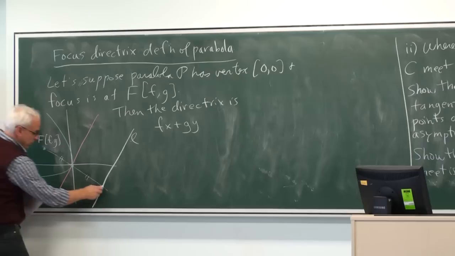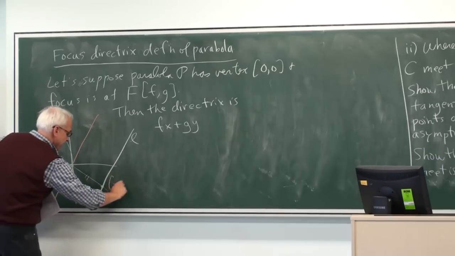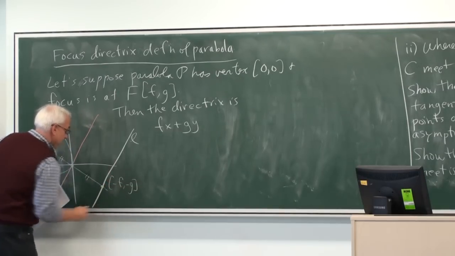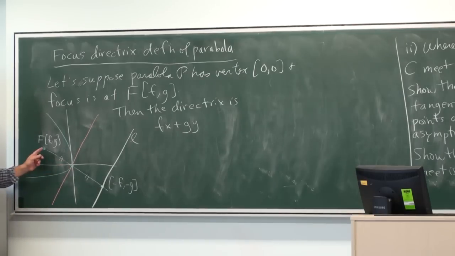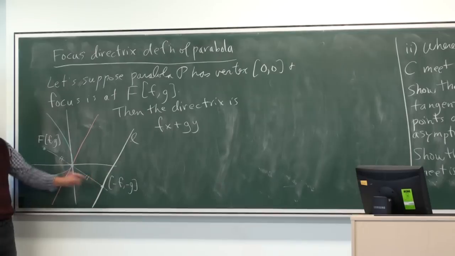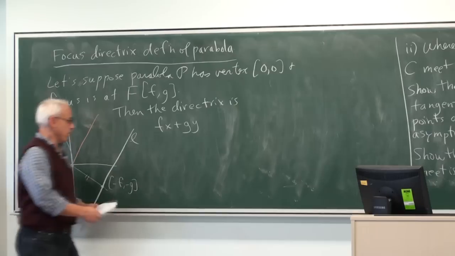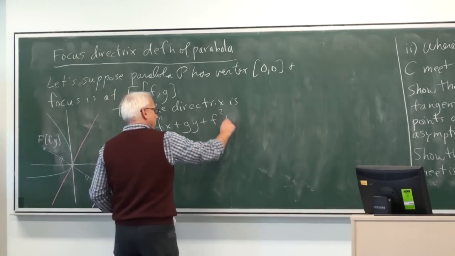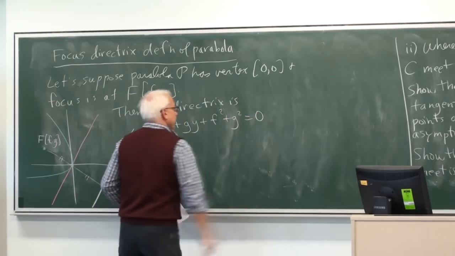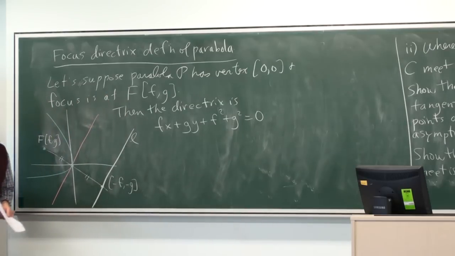And it's got to go through this point here, which is the point minus f, minus g, because we want the vertex to be equidistant from here to here because of the condition of the parabola, that the quadrance to the point is equal to the quadrance to the line. All right, and if we know that this line goes through this point, then we have to add f squared plus g squared equals 0. That's the equation of the directrix.